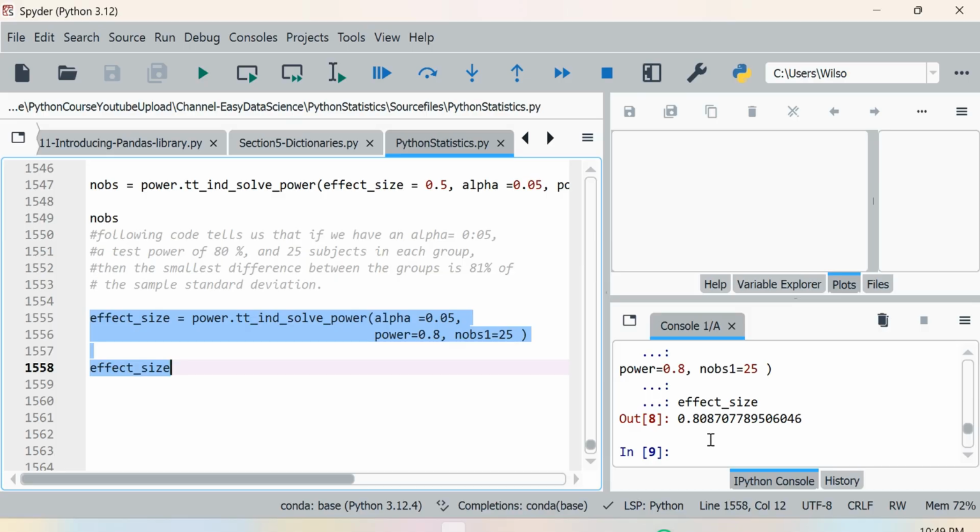So this is the minimum effect you can find, which means there is at least this kind of effect or difference between 2 groups. And this means 80% of the standard deviation of the sample. So this effect size is the same as 81% of the sample standard deviation.